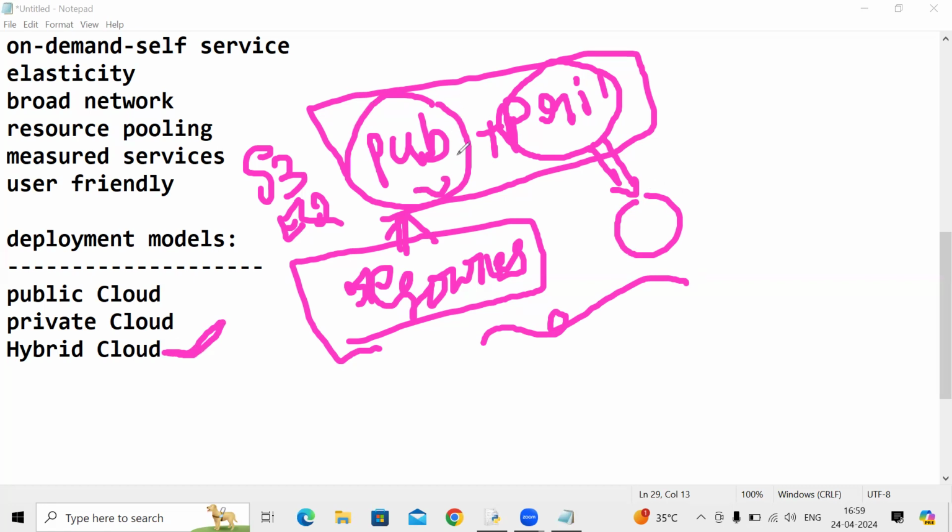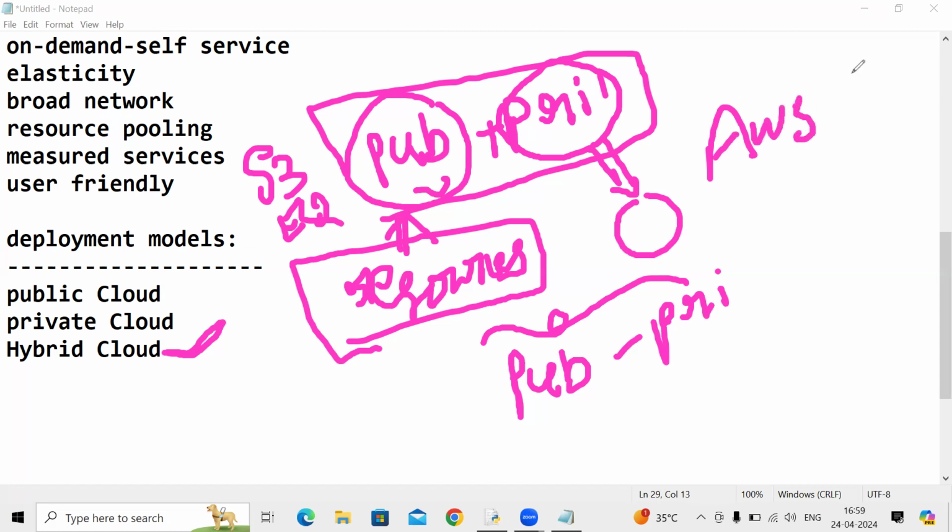Some resources are in public and some resources are in private, and you are connecting from public to private. You can connect from public to private by using AWS Direct Connect.